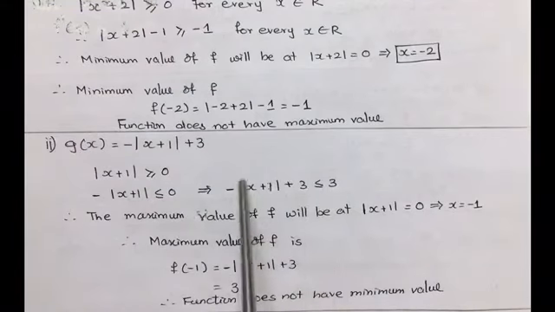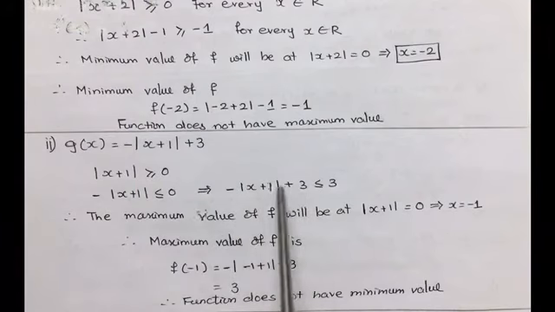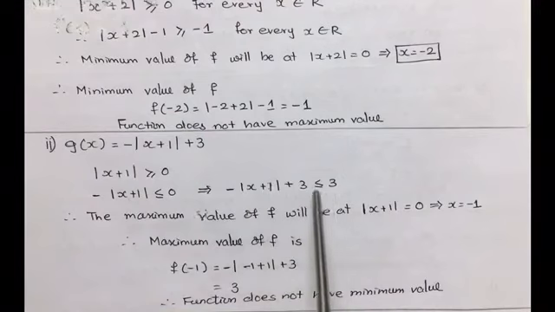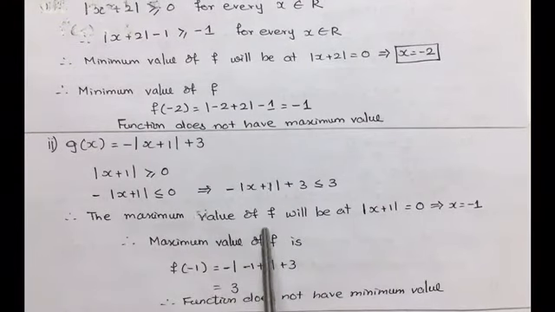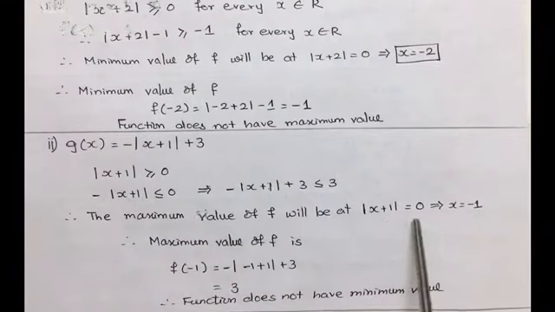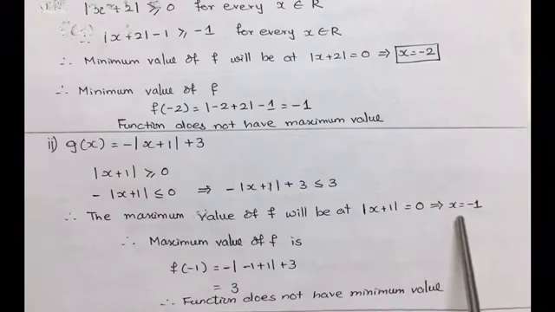Now as the function is becoming negative, going towards the negative side, that is the left hand side of 3, it gives us the maximum value when mod of x plus 1 is equal to 0. So calculating the value of x from here, we get x is equal to minus 1.